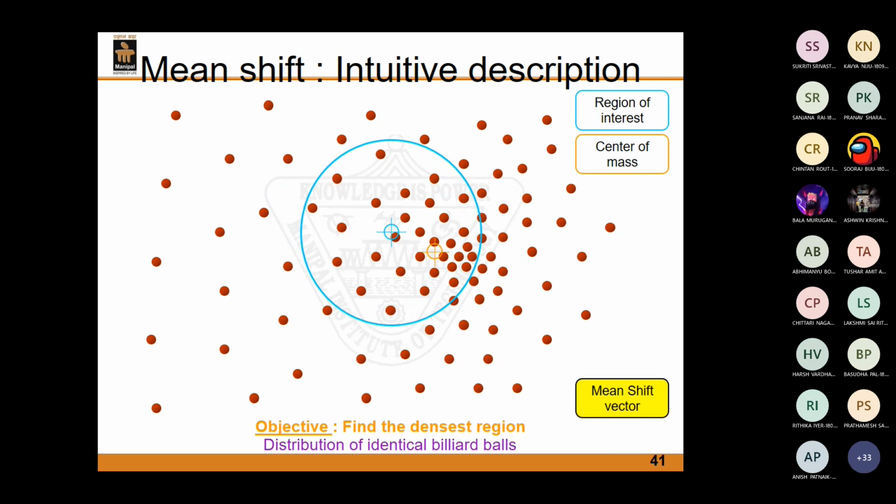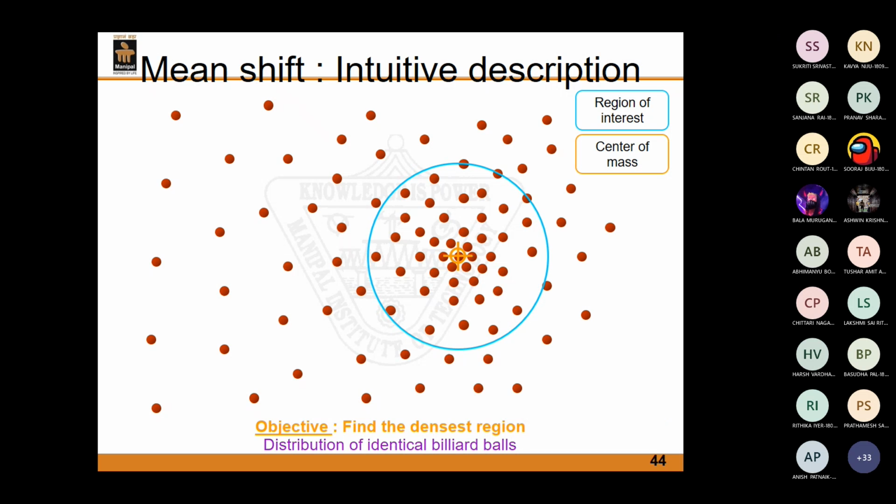So again in the next iteration it keeps moving towards the center of mass. Again this is recalculated and it keeps moving towards the center of mass. Now what happens is, as the iterations keep on moving, there would be a stage where the center of mass which was calculated in the previous step, or the current center of the circular ROI, and the center of mass which has been estimated in the current step will be the same.